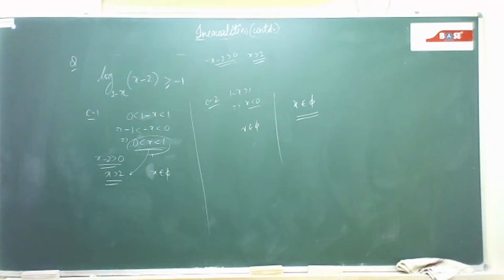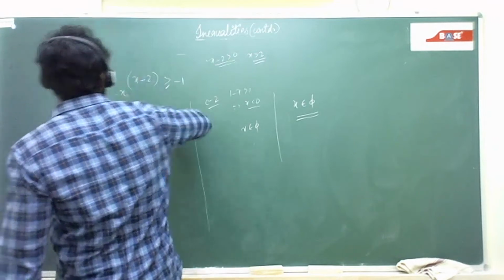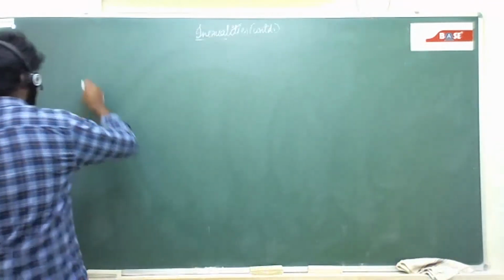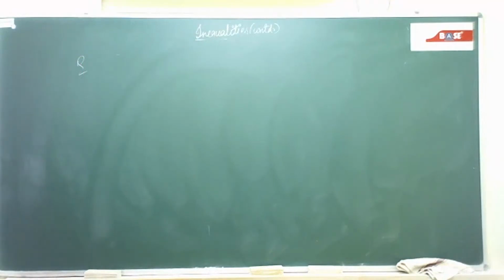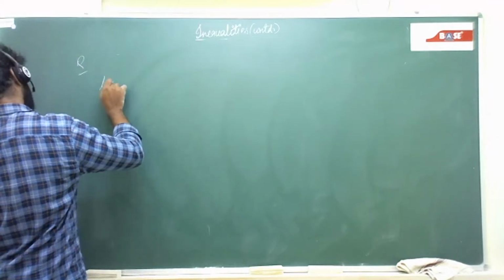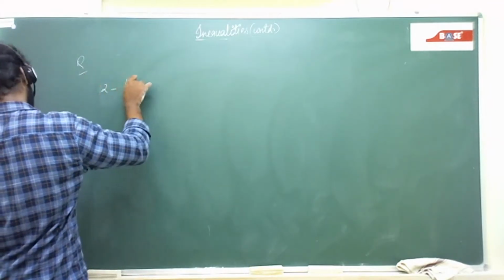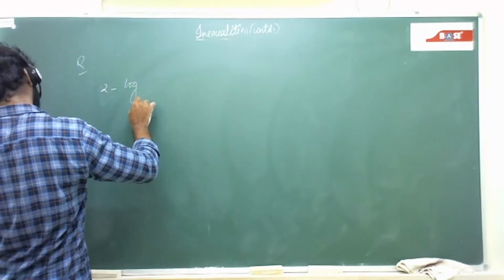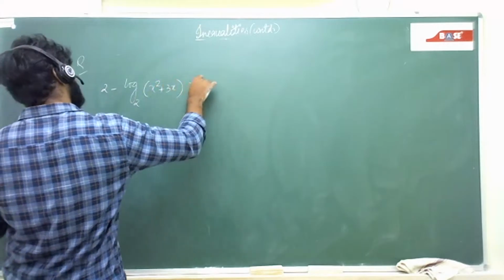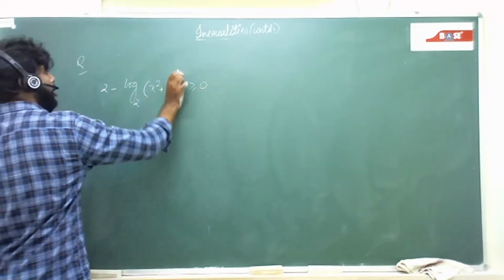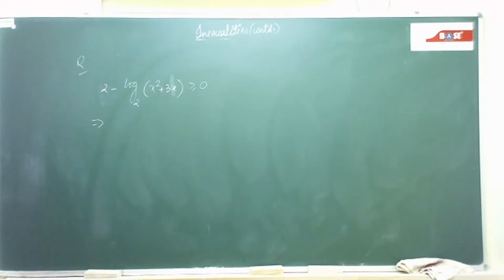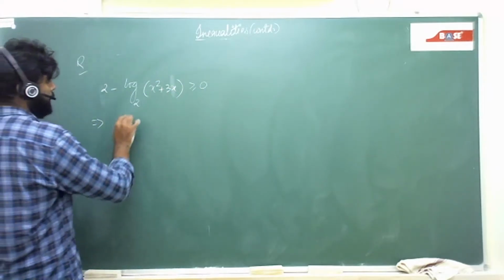Next one. Two minus log base 2 x square plus 3x more than equals to 0. Transpose a little bit.